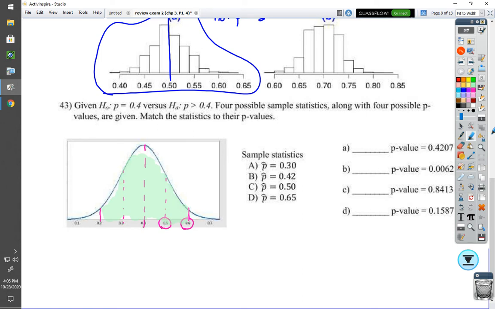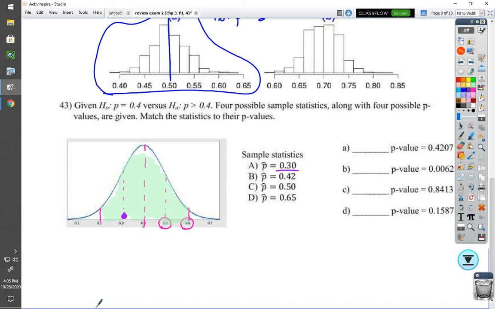So for my first statistic, 0.3. Oops, undo. Let's get a pencil. There we go. 0.3. So I go find 0.3, and 0.3 is dead on right here. Okay, so that means that I'm looking at a right tail test.